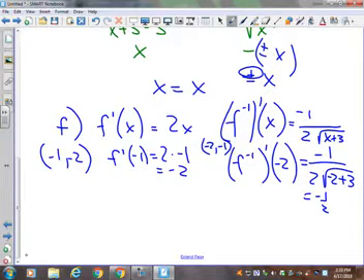From -2 to that -1/2, is it the reciprocal? Yes. -2, reciprocal, -1/2. They're both decreasing, or they'll both be increasing, but they have to be reciprocals of each other. If they're both decreasing, one's like 3 and one's like 1/6? No. And so therefore, since they're reciprocals, we can say they are inverses because the derivatives have slopes that are reciprocals.